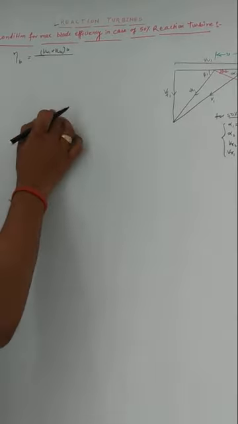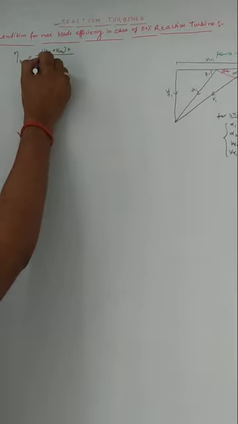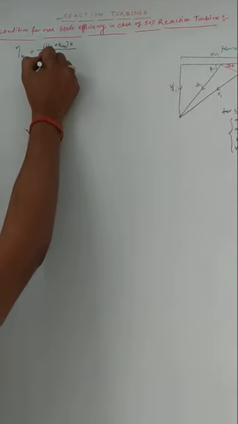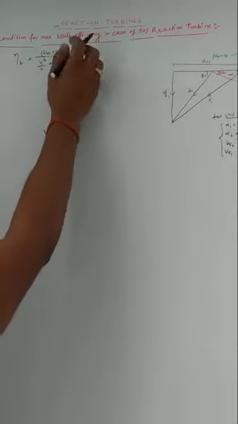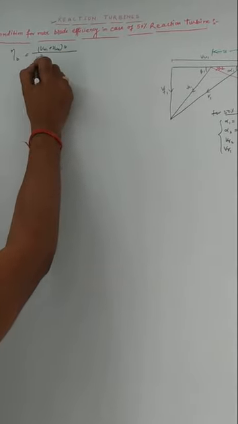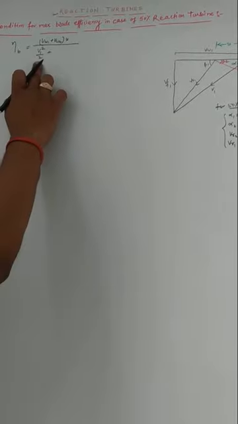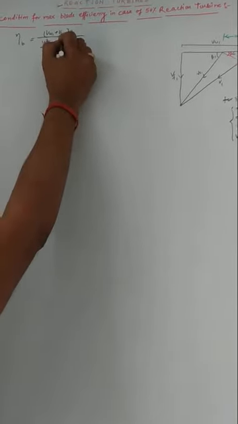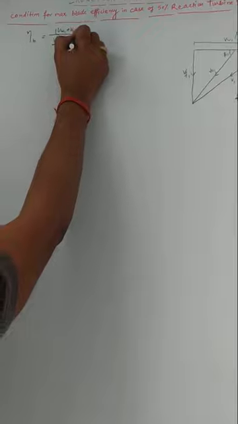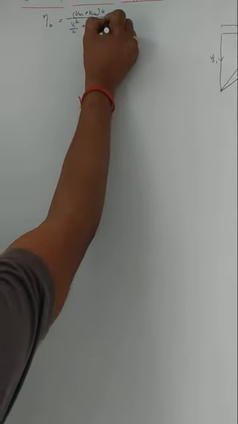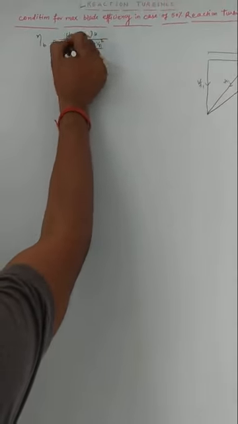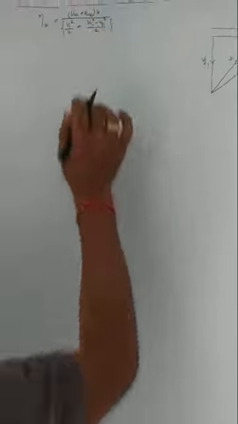The total energy supplied in case of reaction turbine is V1 square by 2 plus the change in relative velocity in the moving blade. This is the change in velocity at the exit of the fixed blade, that is nozzle, and at the moving blade, (VR2 square minus VR1 square) divided by 2. This is the total energy.